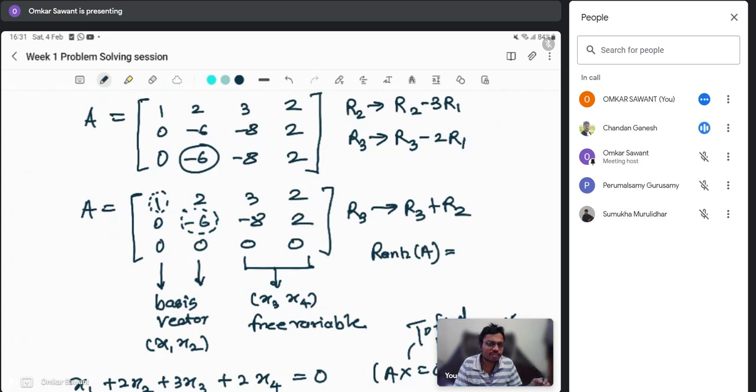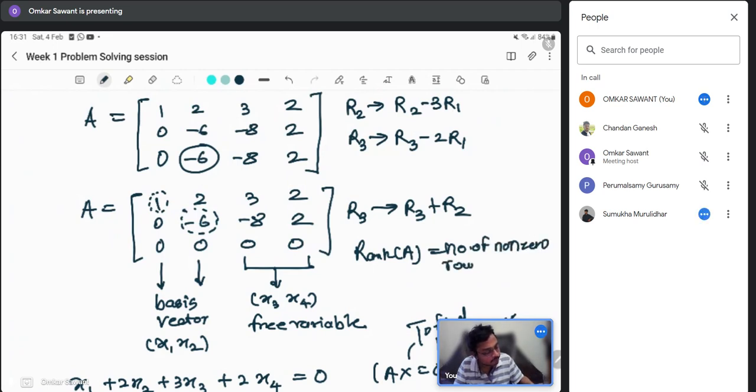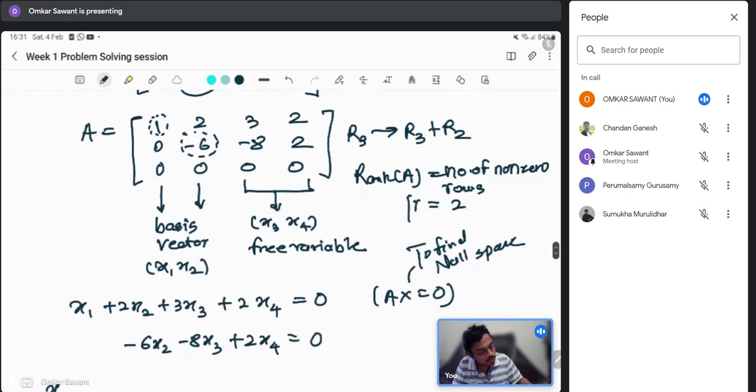No, no. Rank of the matrix is the number of non-zero rows. How many non-zero rows? 2. So rank is 2. We got r is equal to 2.